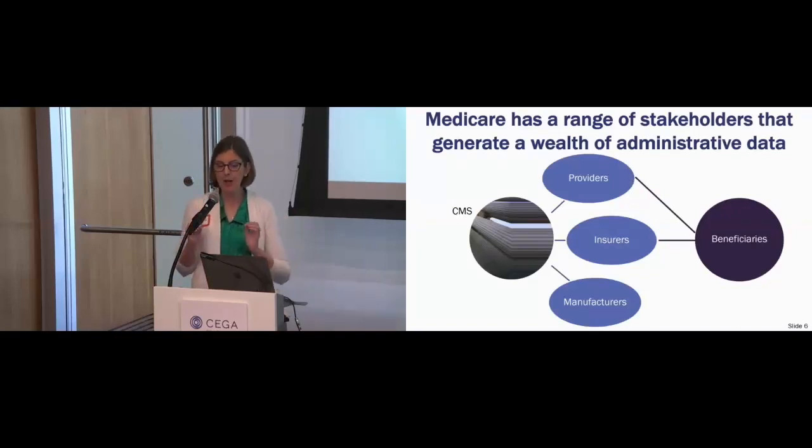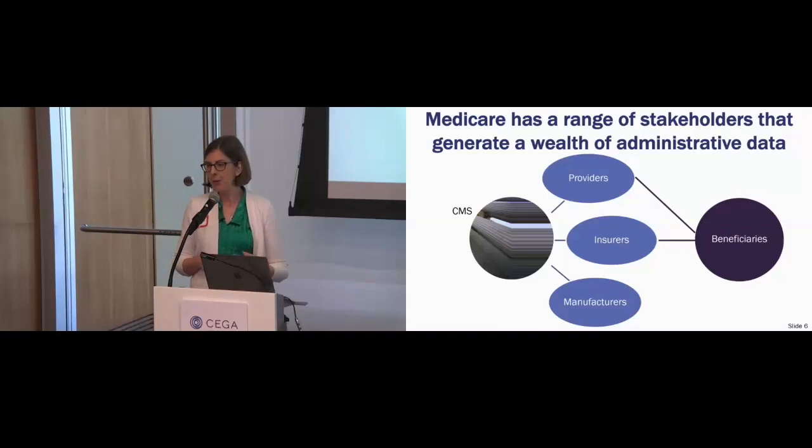So Medicare has a range of stakeholders that all generate a wealth of administrative data for use in research. So CMS over there on the left-hand side establishes rules and regulations and payment schedules and so on for the providers who provide the care, the insurers who receive payment and then in turn administer benefits.